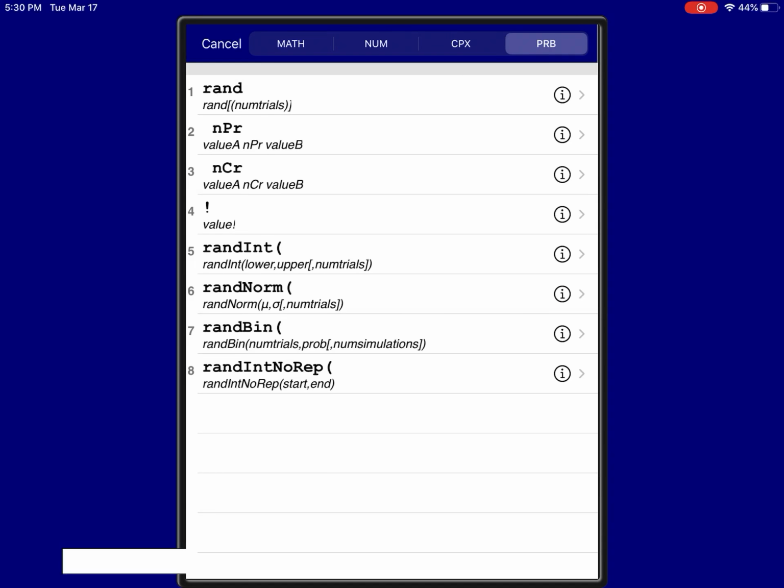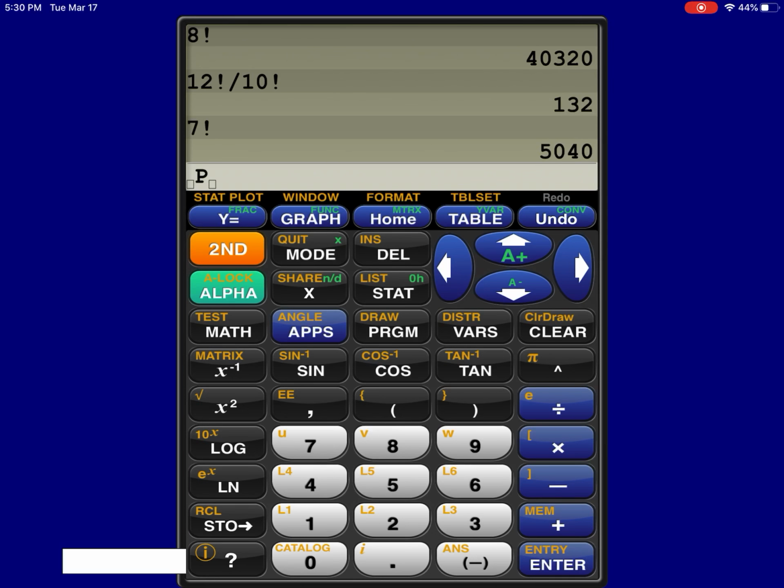So go Math, Probability, and look at number 2, nPr. Most calculators will give you a screen that allows you to fill in the numbers in the spots. So I'm going to put a 5, and then I need to arrow over to the 3. And hit enter. And there's my 60 again.